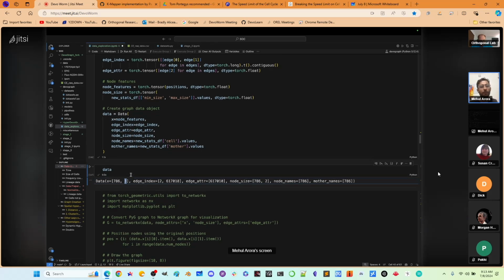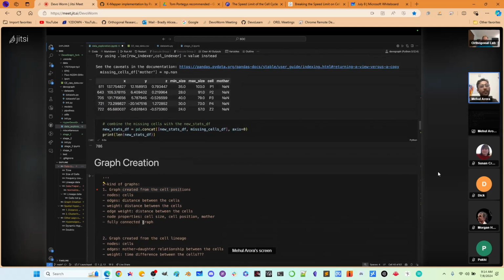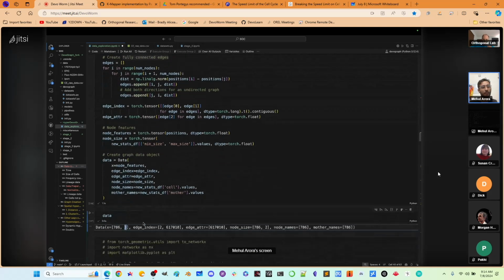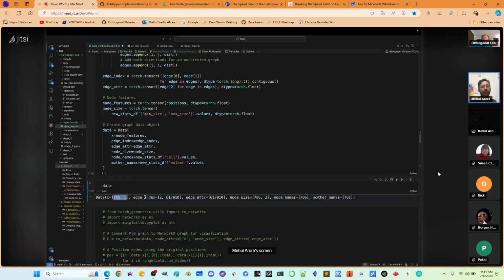We have also mother information here as node information, and we also have the name of the cell. So these 3 pieces of information are incorporated in this particular X. And then we have edge index, which has a shape of 2, 617,000. These are basically the number of edges.